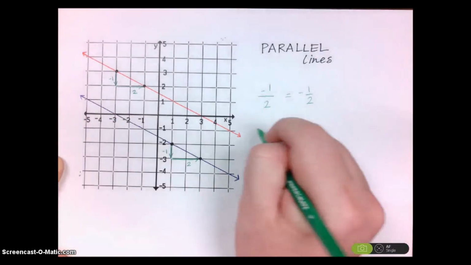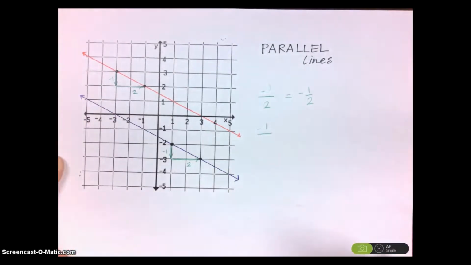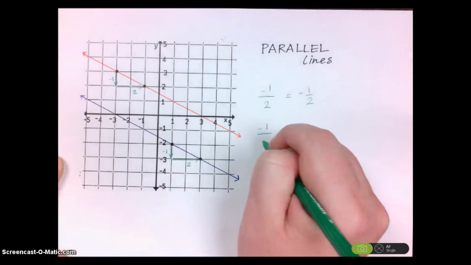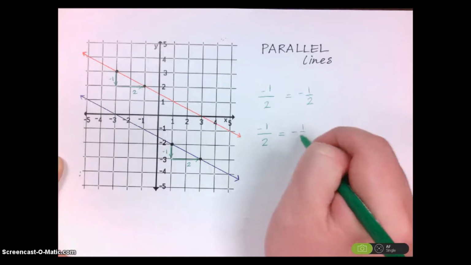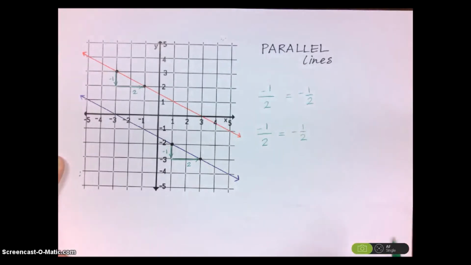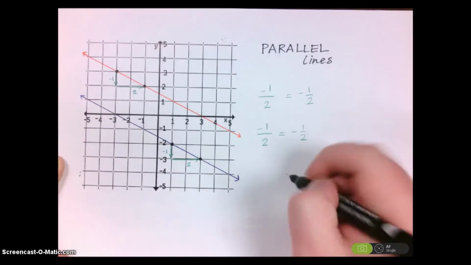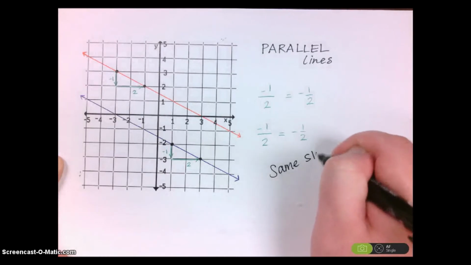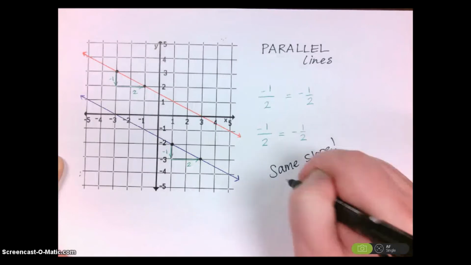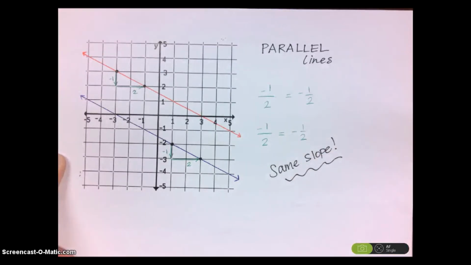So this is the same thing that I wrote before. Rise was -1 going down. Run was 2 going in the positive direction, so that is the same answer, -1/2. So what we can gather from this is that parallel lines, again, have the same slope. And this is very important for you to remember in this lesson.